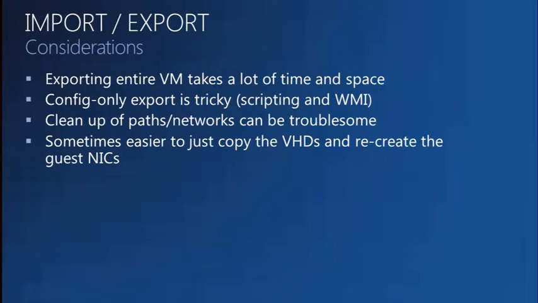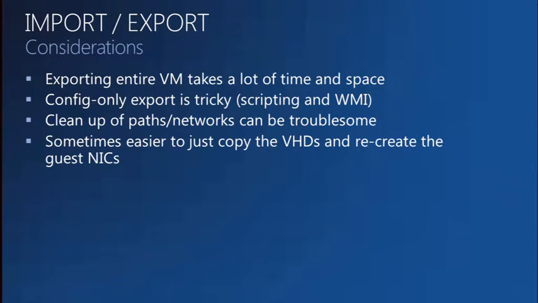But if you do a config-only export and a config-only import, you're still going to run into some catches. If you're wanting to export a VM and move it to another server, and then import it on that other server, the things you're going to find with those export imports, especially if you're doing the config, is that your network name on the other side, unless it's totally 100% identical, which is very unlikely, or your storage path, unless the storage path is 100% identical, what's going to happen is the VM is going to throw an error during the import time.